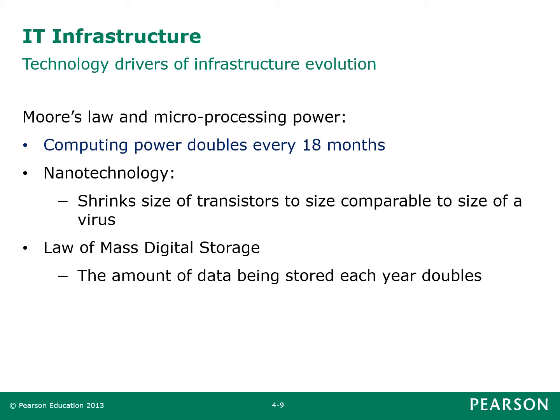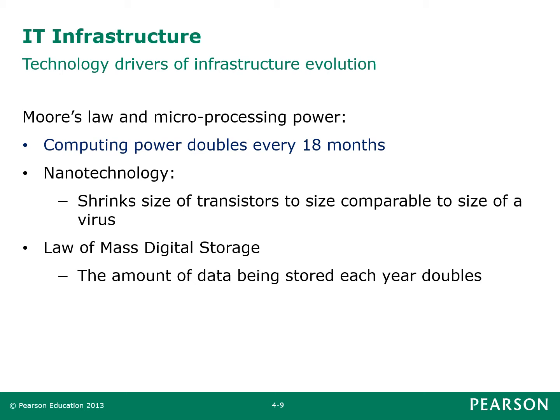Nanotechnology shrank the size of the transistor to a size comparable to a virus. That means we can use small computers as tablets and laptops for mobile business and so on.